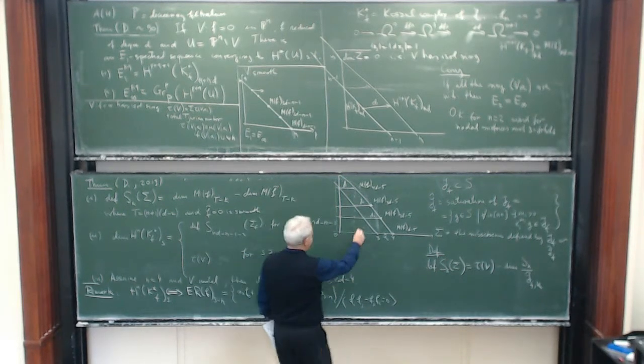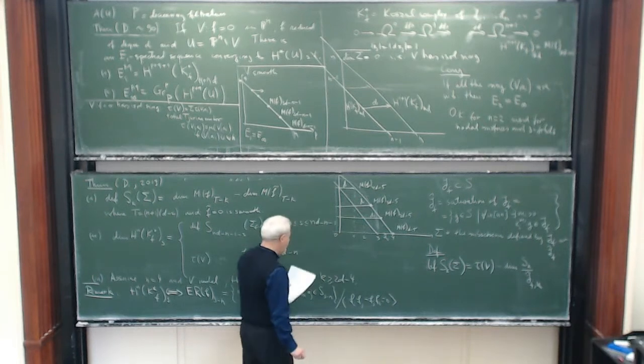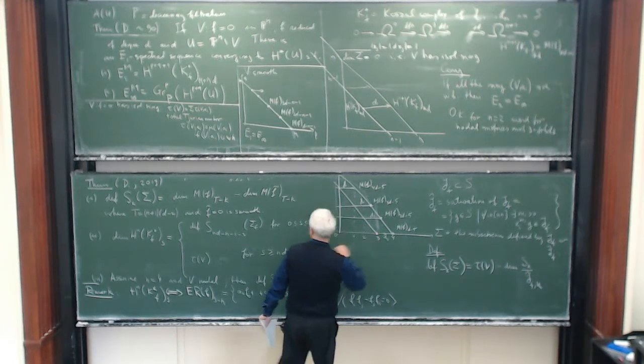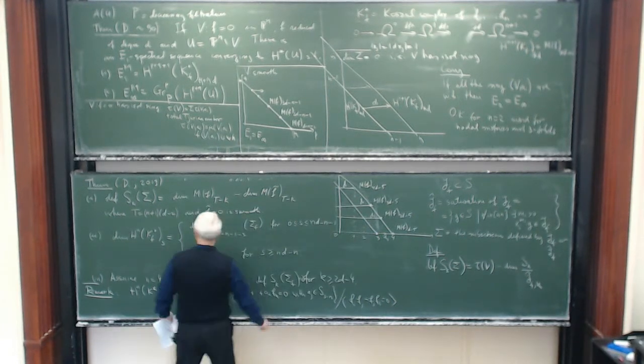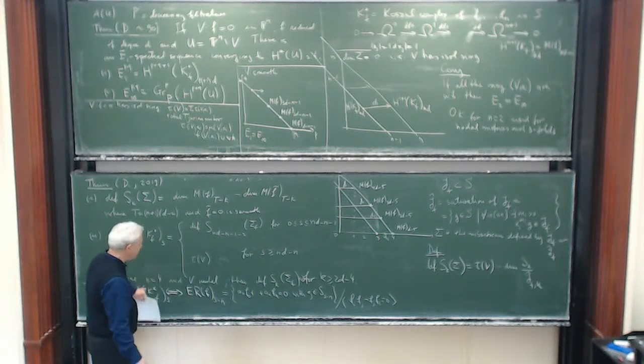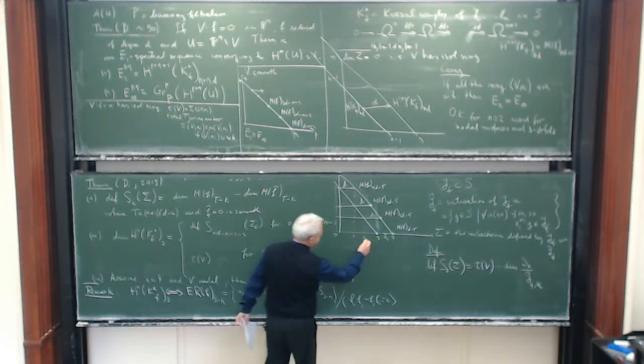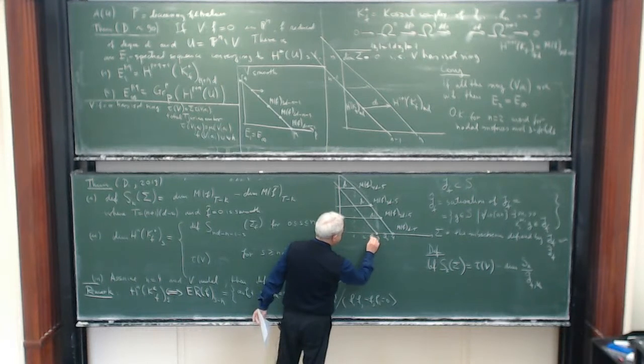And what we get here, using this theorem and this vanishing result, is that the first group here is 0.